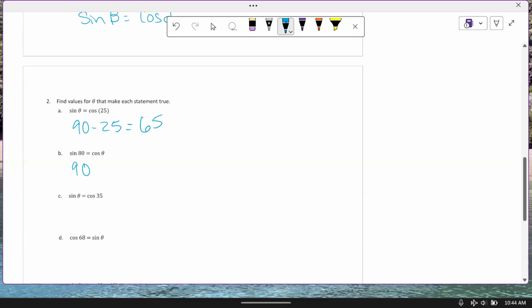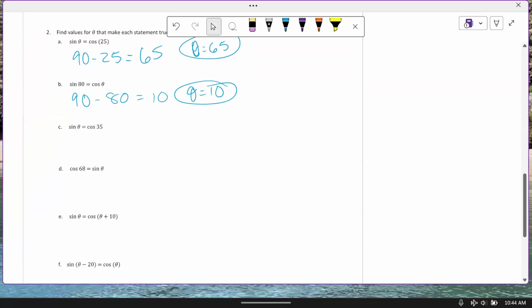90 minus 80 will give you 10. Theta equals 65. Theta equals 10. 90 minus 35 gives you what?